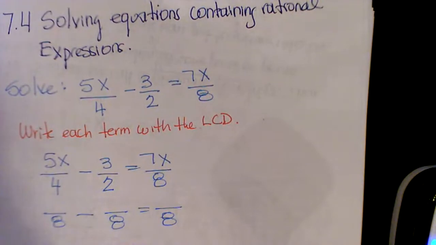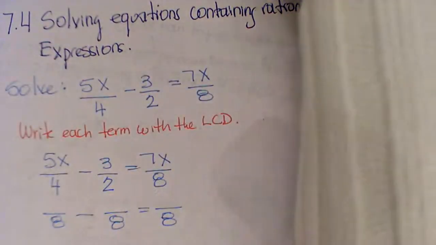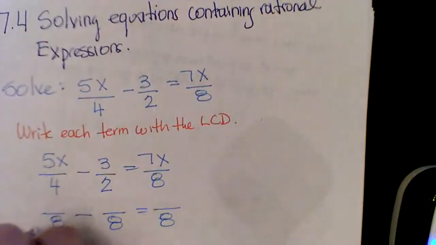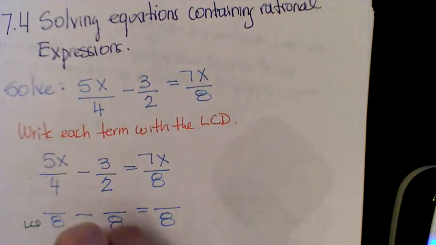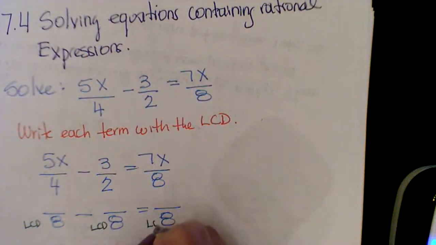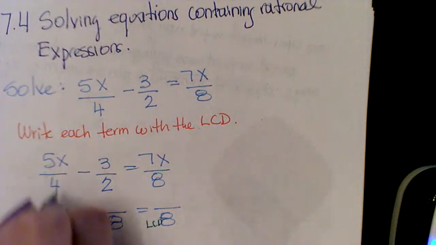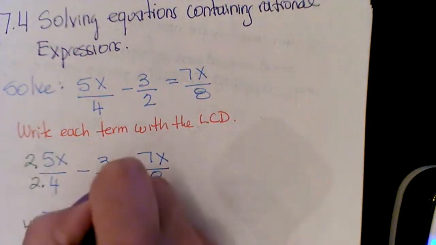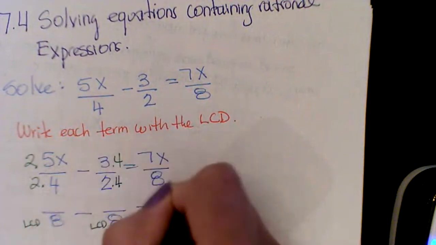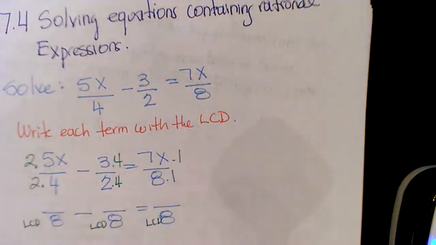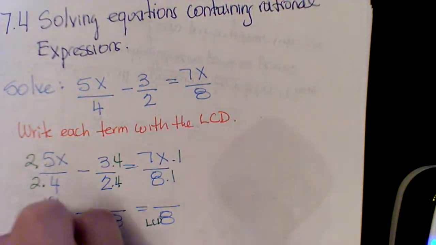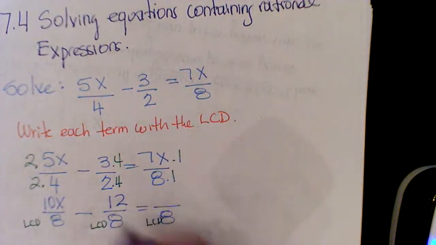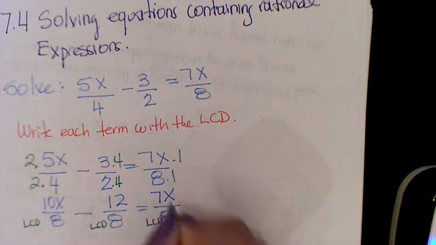So this is my lowest common denominator. What do I need to multiply 4 by to get 8? By 2. And 2 by 4, 8 by 1. Okay, so we have 10x, this is going to be 12, and this is going to be 7x.